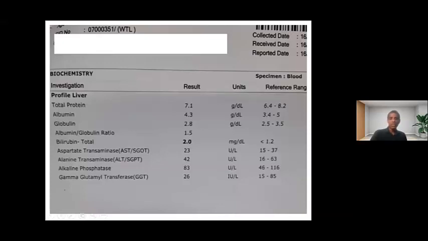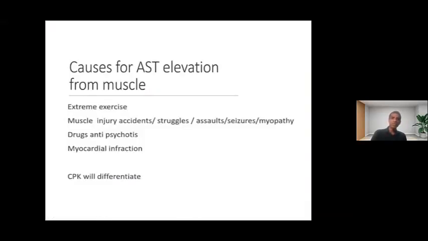So what are the causes for AST elevation? From muscles. As I told you, AST is not specific to liver. It can be released from the muscle, cardiac or skeletal muscle. If the patient undergoes any extreme exercise, it can give rise to a high AST level.